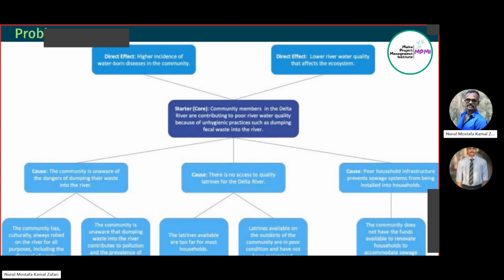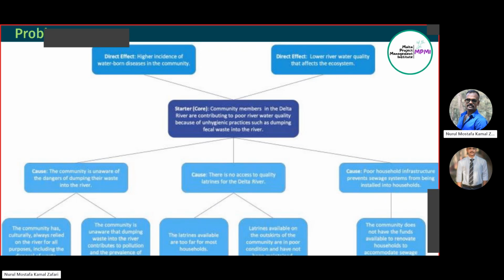Now, we have some sub-causes. Those sub-causes are causing some causes, and those causes are causing the core cause, meaning the core problem. Now, what are the impacts of this core problem? There are 2 impacts. Number 1, higher incidence of waterborne diseases, as the water is contaminated and people are using this contaminated water from Delta River.